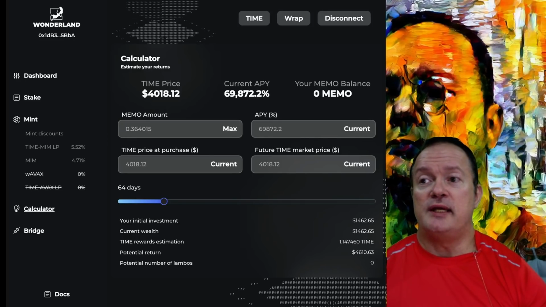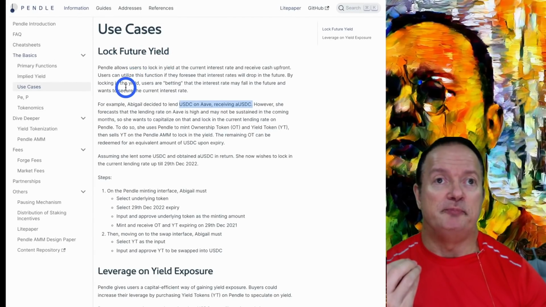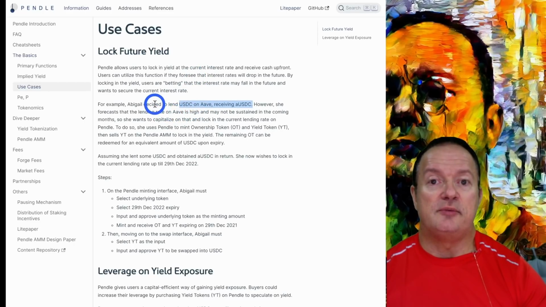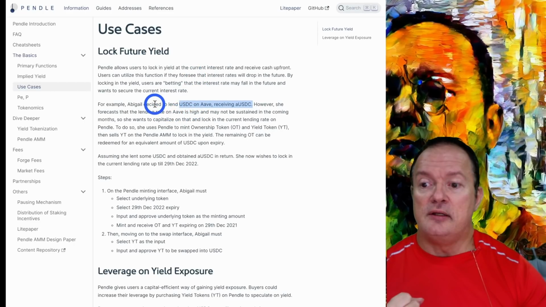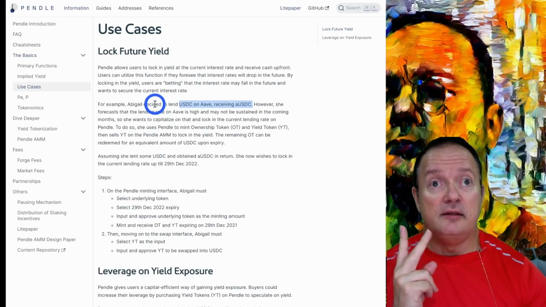Now, there's a lot of documentation, okay, that explains what's happening. Here they're talking about USDC on Aave. That documentation was basically designed for Ethereum. And what we discover is that there are two types of tokens that are generated by Pendle.